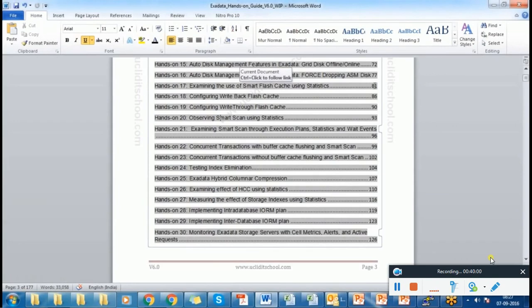Just now we discussed the statistics. So you will practically monitor how flash cache is being used on the storage server with the statistics. Then you will configure write back mode. Then again you will configure write through mode. So these are the 3 lab exercises related to this topic.